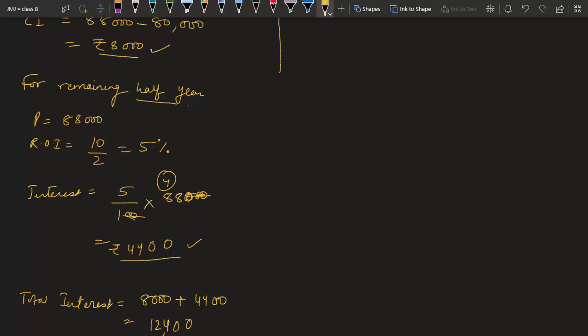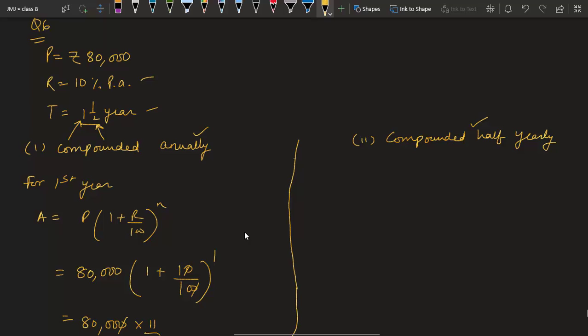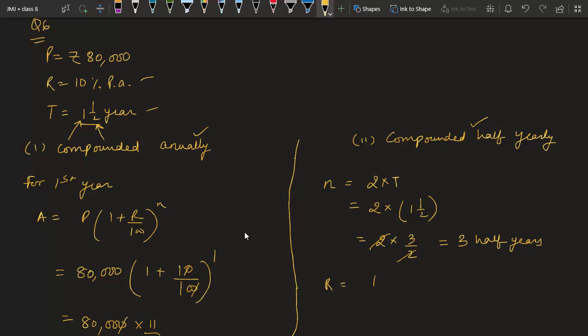Now let's see the second case, when we are doing compounding half yearly. Here we will have a change in rate as well as time. So here the n will become 2 times t, that is 2 into 1.5 year, which becomes 3 by 2, 2 2 cancel, we will get 3 half years, and the rate of interest will become previous rate upon 2, that is 5%.